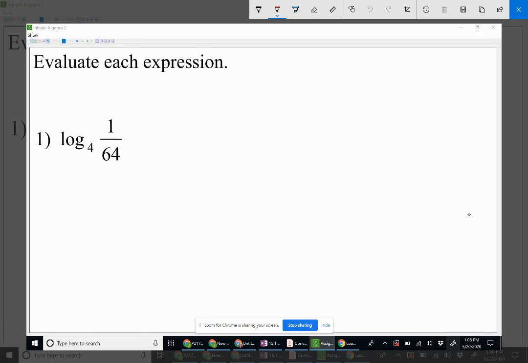So we know our exponent's going to be negative this time. I'm going to start by adding equals x just because that helps me. I'm going to circle the 4, go around this way. 4 to the x equals 1 over 64.